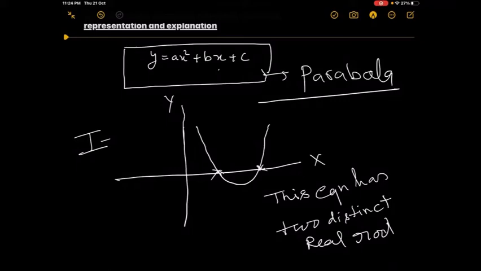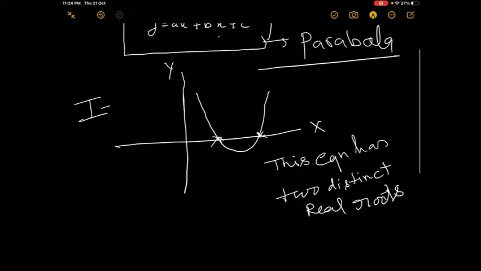By looking at the graph, we have not solved anything, but if I know the graph of this quadratic intersects the x-axis at 2 points, then the intersection at the x-axis is the root, the solution of this equation. So it has two distinct solutions.